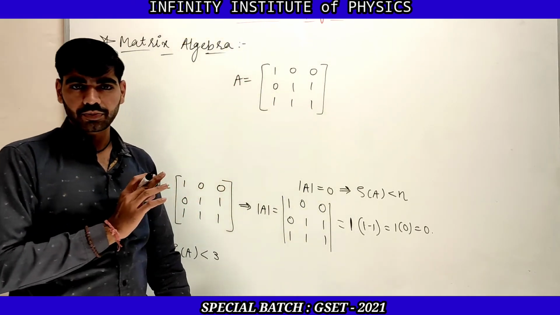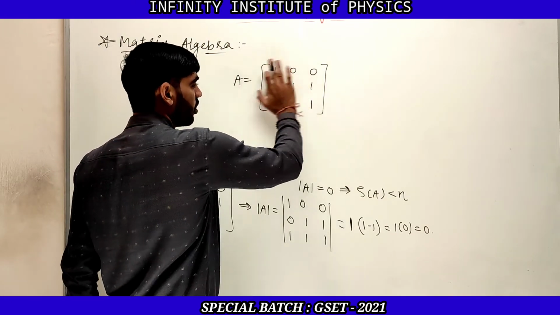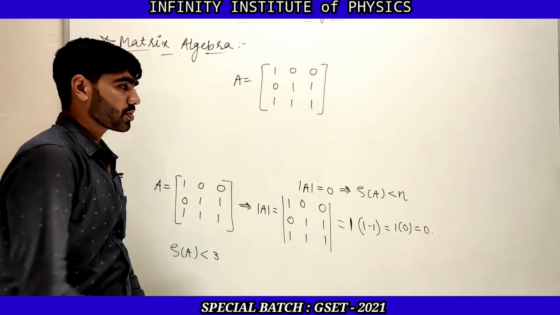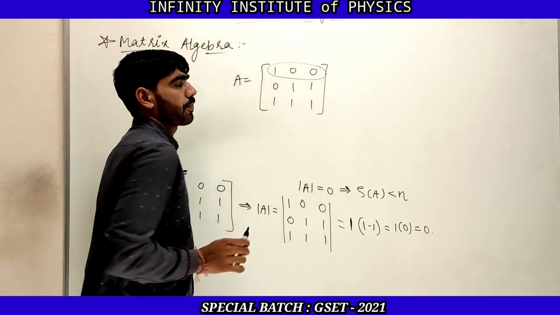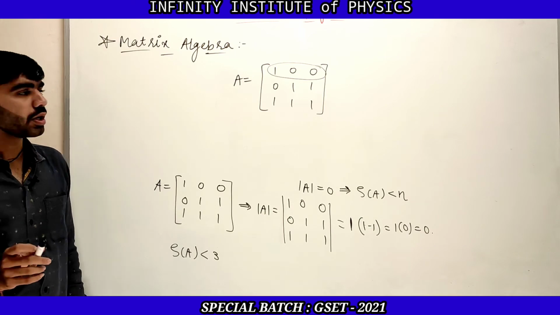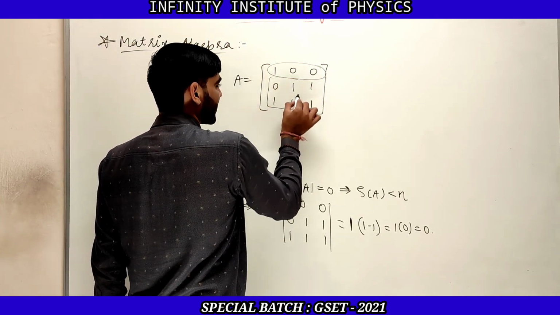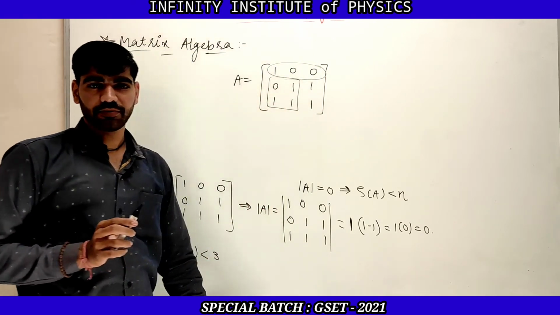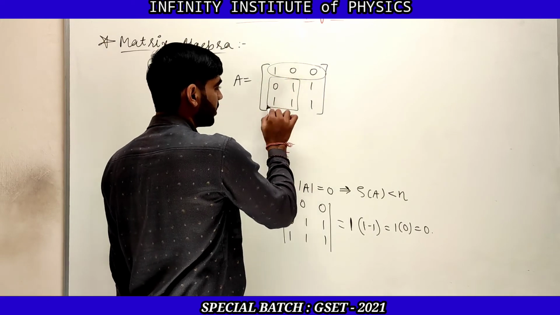So now just neglect one of the rows of this matrix. So suppose here I am neglecting the first row. And now let us form one 2 by 2 matrix and find out the determinant of that particular matrix.